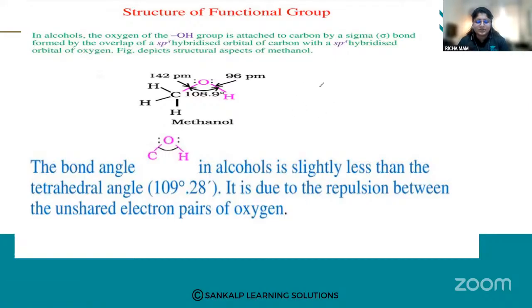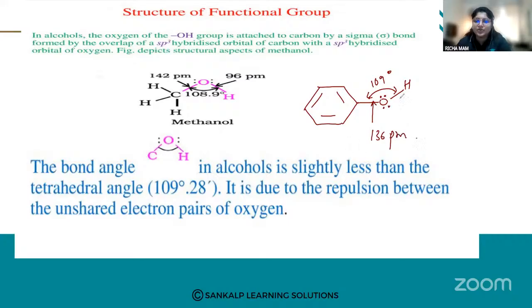The benzene ring is there, and it is attached to OH. Again, this oxygen has lone pairs of electrons. The angle is 109 degrees and the C-O bond is 136 picometer.